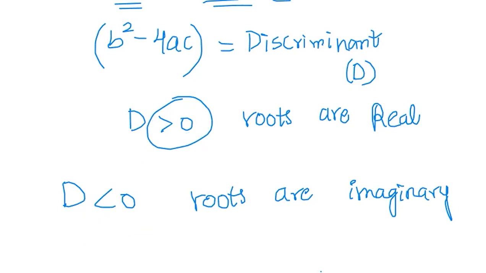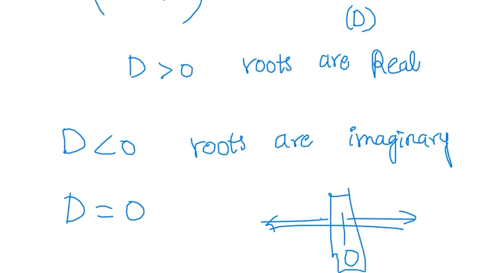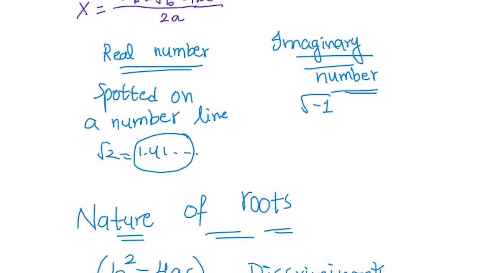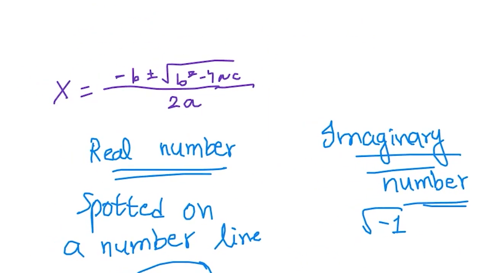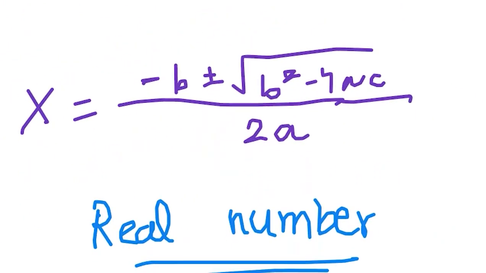What if D is equal to 0? Less than 0 we discussed, greater than 0 we discussed. What exactly at 0? What is happening when the discriminant is 0?